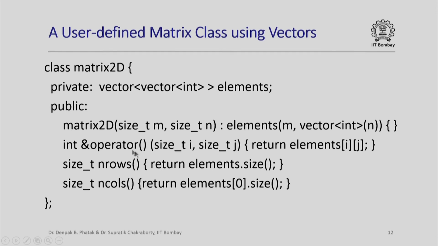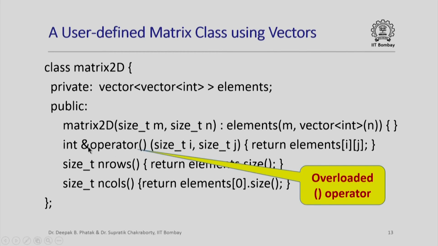Here I have a public member function which is operator(). If you recall our discussion on operator overloading, this is basically the overloaded () operator, which is also called the overloaded function call operator.